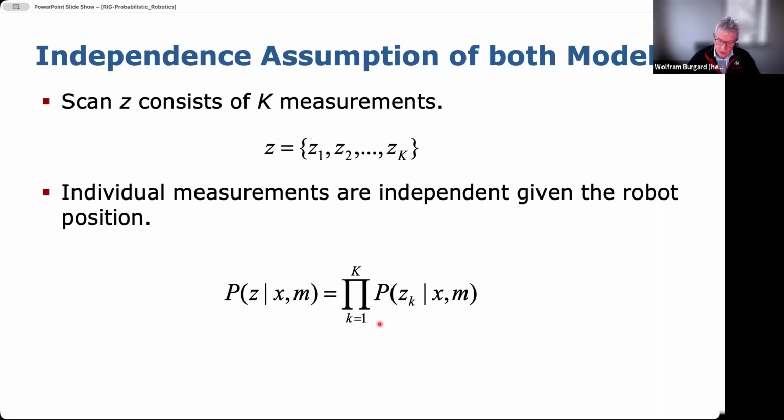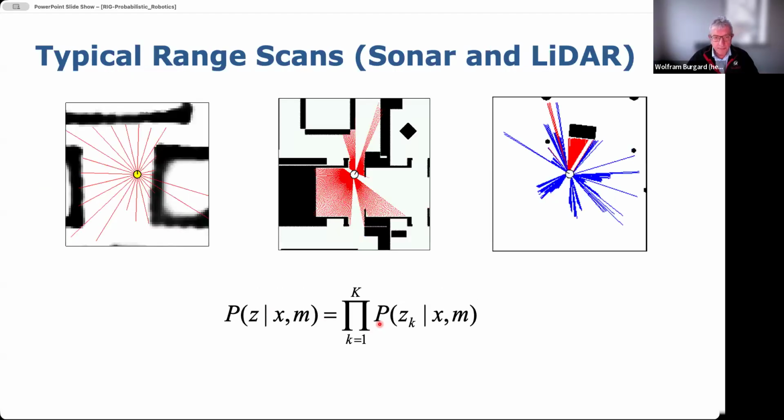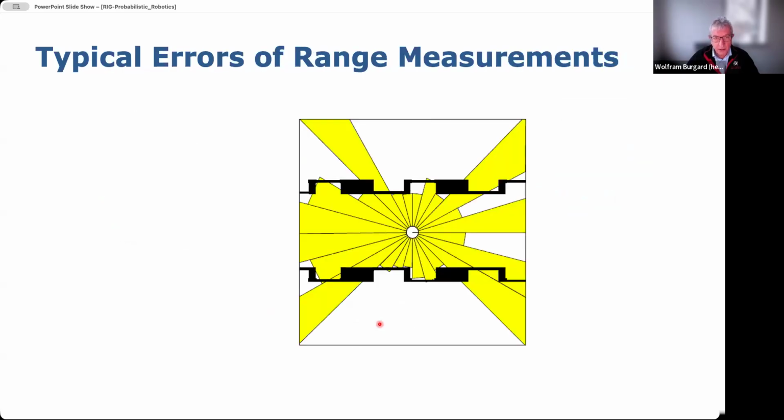So this is a substantial approximation that needs to be carefully looked at when implementing this. But what we are doing here is we are just looking at one individual beam. We are treating these individual beams as independent.